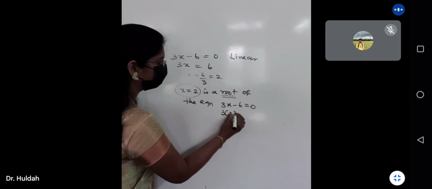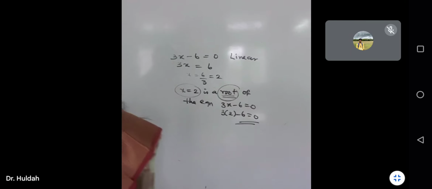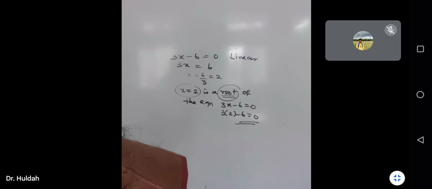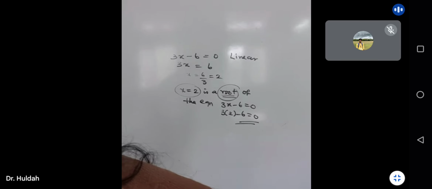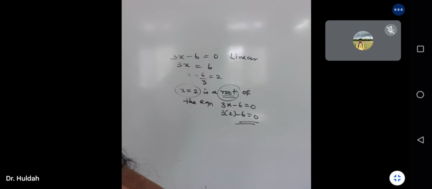When I substitute this value in this expression, it's satisfied. A root is a value which, on substituting in the equation, satisfies the equation. You call that value a root. Clear? All right, so this is about linear.